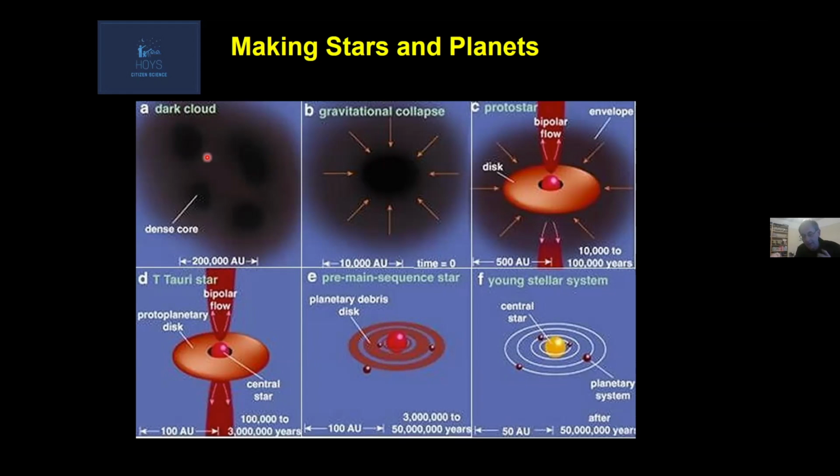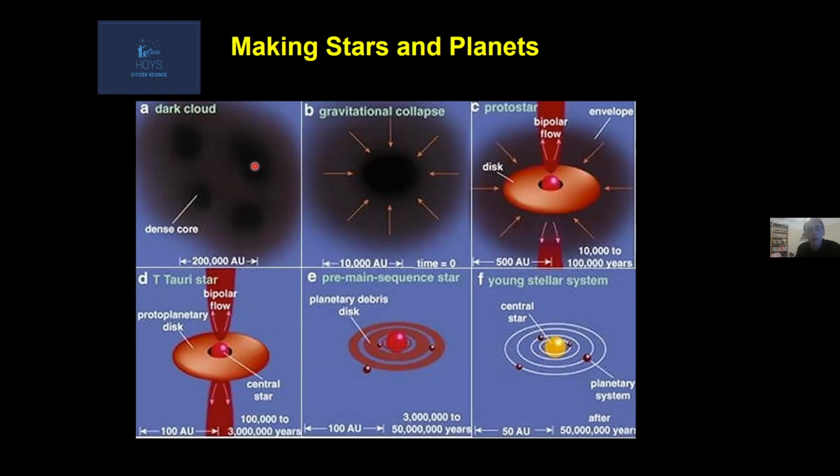And it's those dense bits where the stars or whole clusters of stars can form, because the only thing you really need in terms of physics to make a star is gravity, because you need something that collects material in a small central object, and gravity is the only one of the forces that can actually do that.